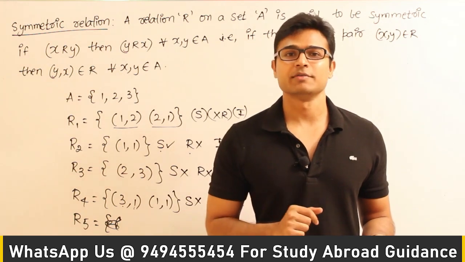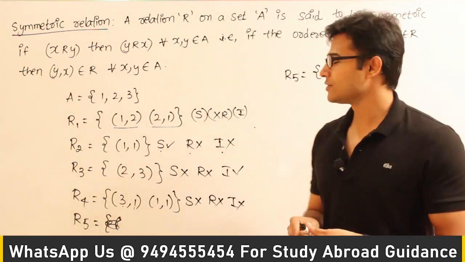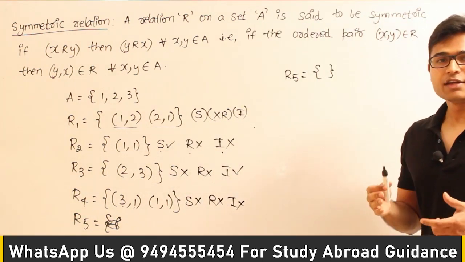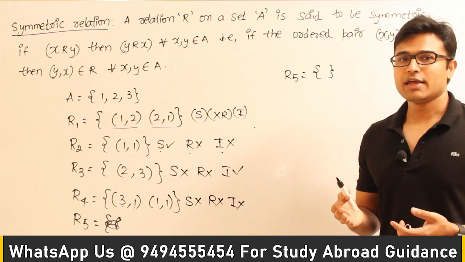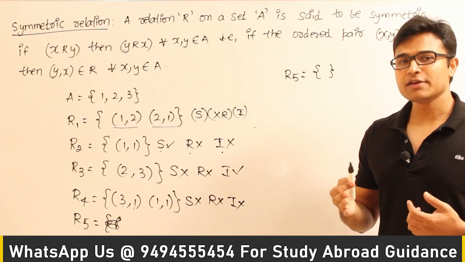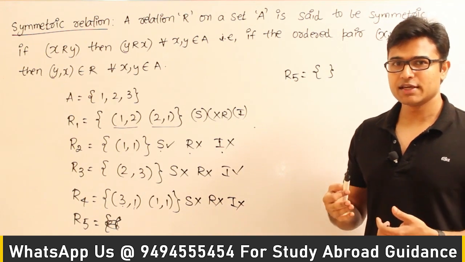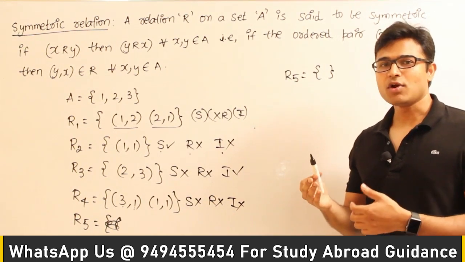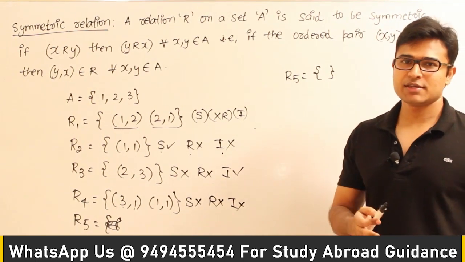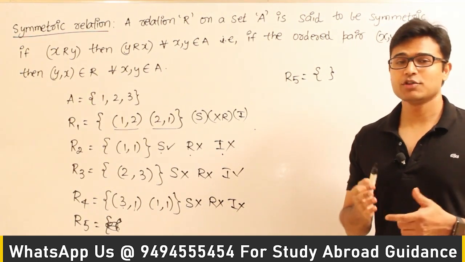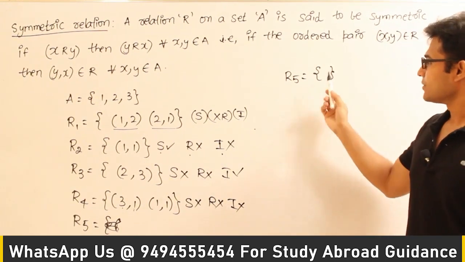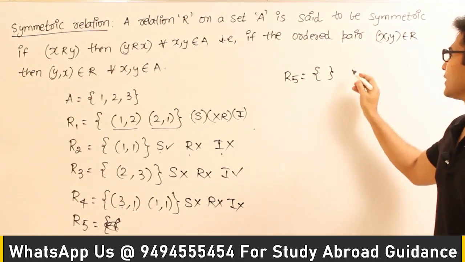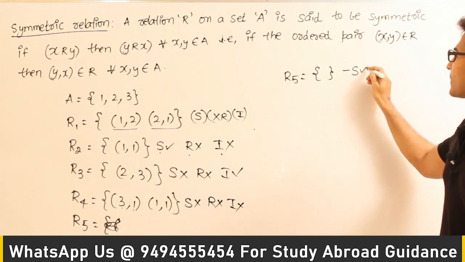But here, if you don't have any elements at all, there is no element called x comma y, then how are you going to check it? A relation will fail to be symmetric only if x comma y is present and y comma x is not present. If both are not present, then it is definitely symmetric. So remember, the empty relation is definitely symmetric, right?